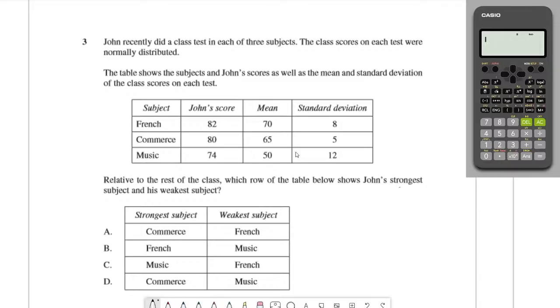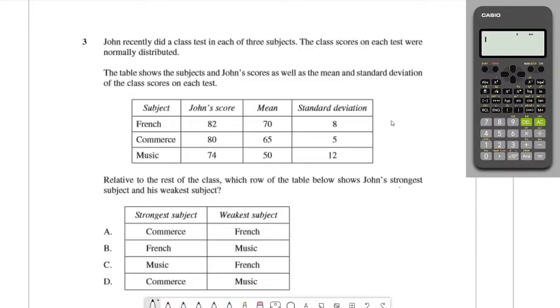In this case, for French, the mean was 70, and his score was 82, so it's quite a bit more than the rest of the class. Commerce, he again scored a lot better, and music he scored better than the average too, so quite a bright boy in this regard. Now, relative to the rest of the class, which row of the table best shows John's strongest subject and his weakest subject.